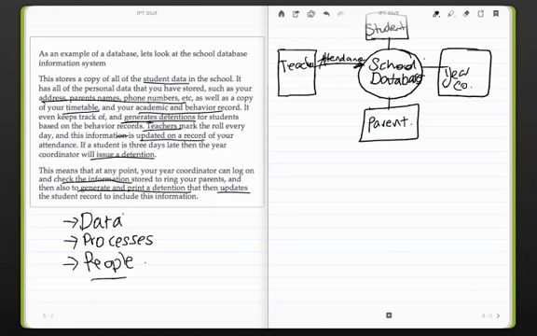And there's no real data going back to the teacher here, so we don't have to do the other way. The year coordinator, from the school database to the year coordinator, you get parent info and student info. And that would include things like attendance. Okay. The information that goes to the parent would be things like detention dates, reasons for detention.